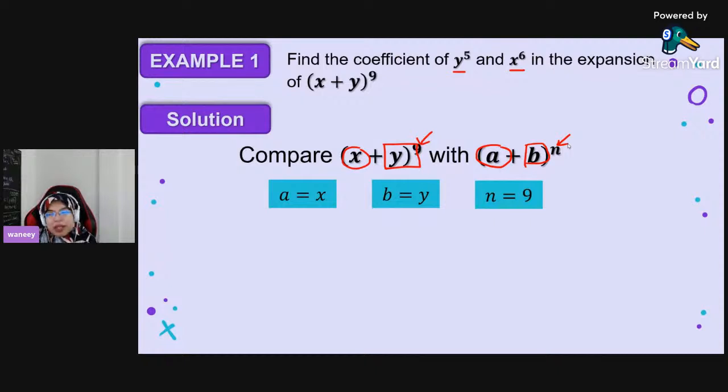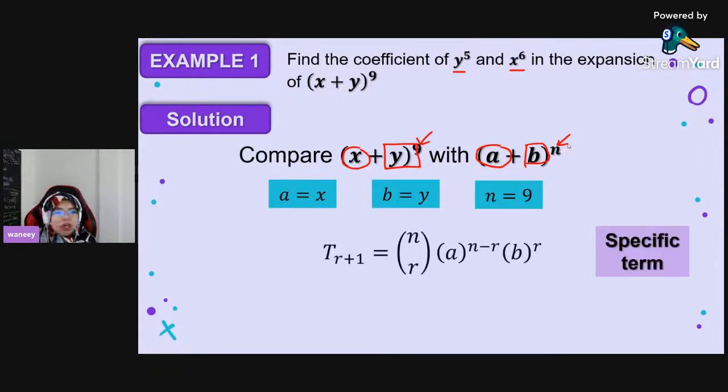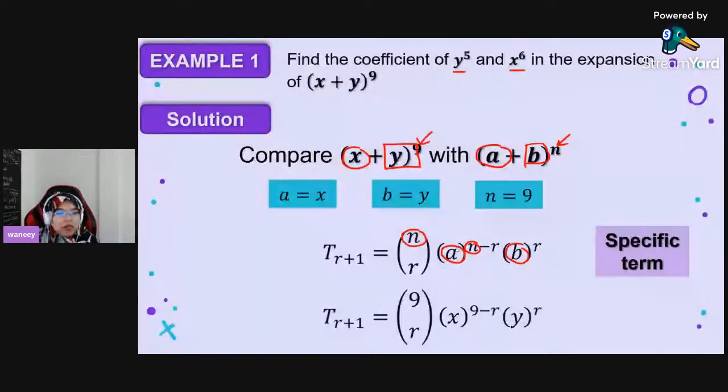Once we compare them, we should be able to see the formula for T(r+1). This is to find the specific term or the general term. Now we can easily substitute the value of n, the value of a, and the value of b. Oops, forgot another n over here. Okay, so substituting into this formula, we get T(r+1) = 9Cr x^(9-r) y^r.